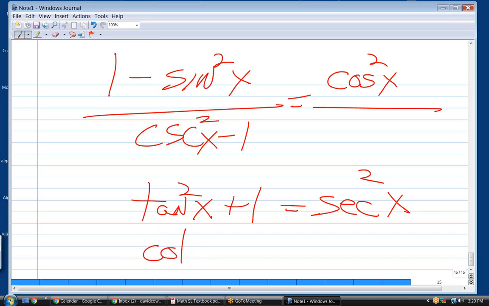So cotangent squared of x plus 1, what's it have to be equal to? Secant? Cofunction of secant? Cosine. Or cosecant, my bad.